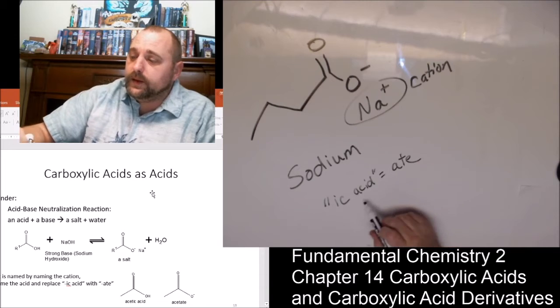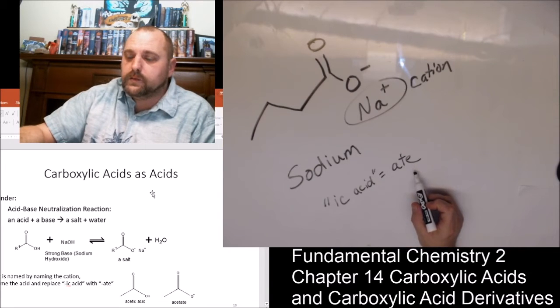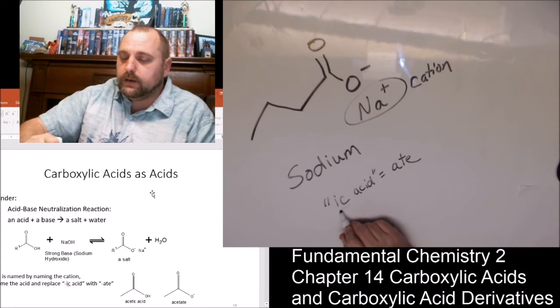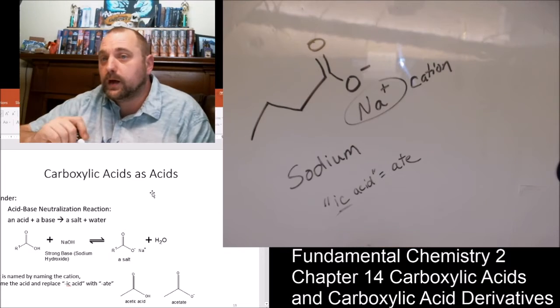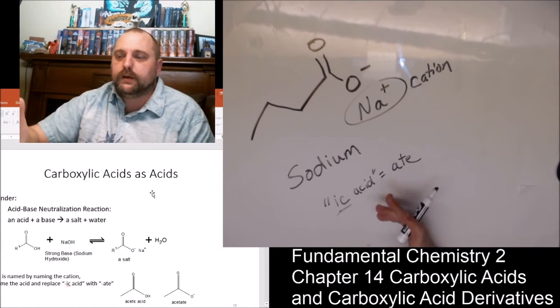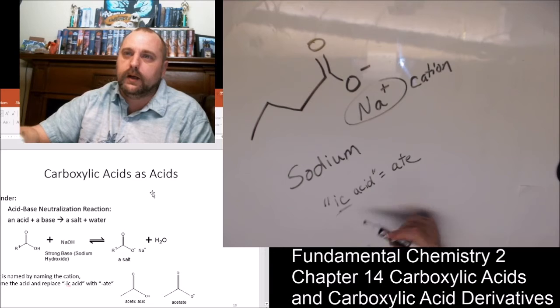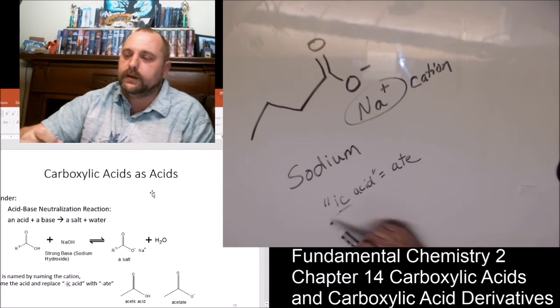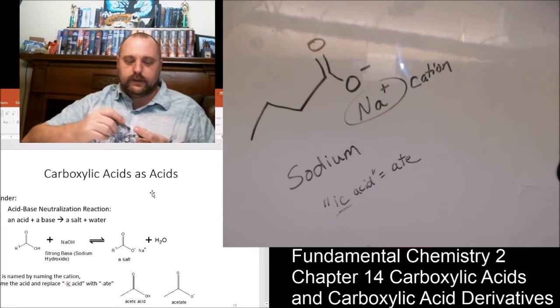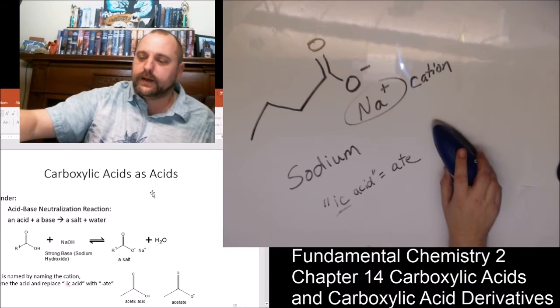All right, so this is so we can use this with common names. And so you can tell if a name came from IUPAC or if it came from common by looking at its name in the absence of that O.